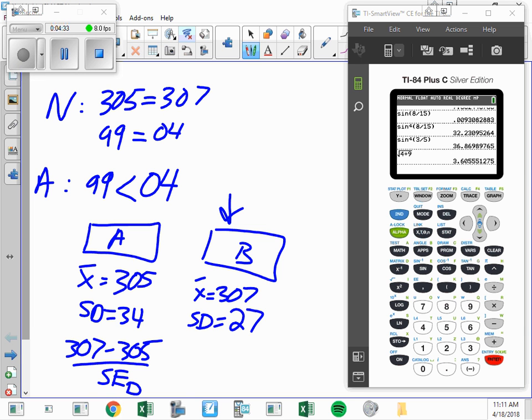In order to find the SE of a difference, I need the SE average for both A and B. So I'm going to take 34 divided by the square root of 1,000, and then I will do 27 divided by the square root of 1,000.